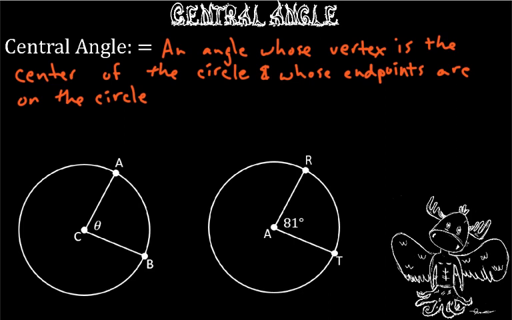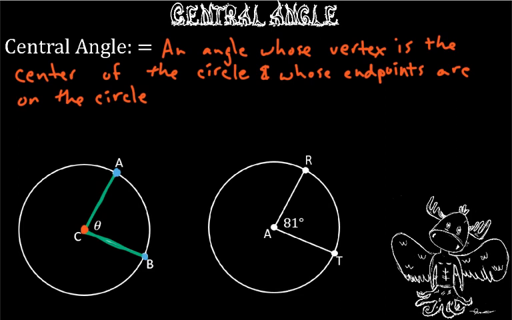So in the general situation down here, here is our central angle theta. The point C is the vertex of the angle, and the points A and B are on the circle, and they are the endpoints of the segments creating the angle theta.